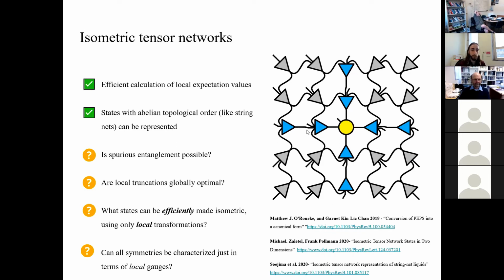In fact, last year, Soejima et al. conjectured that all two-dimensional phases with an energy gap and gappable edges have a two-dimensional isometric tensor network representation like this. So here, these are isometric tensors pointing towards some orthogonality center, just like the 1D case.